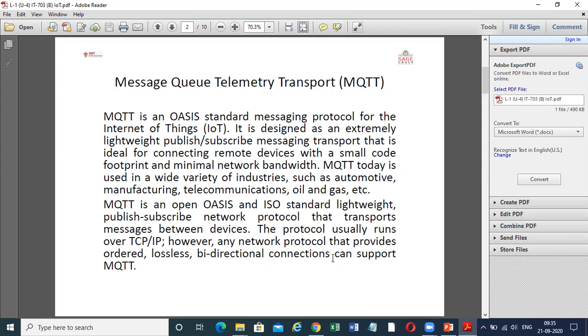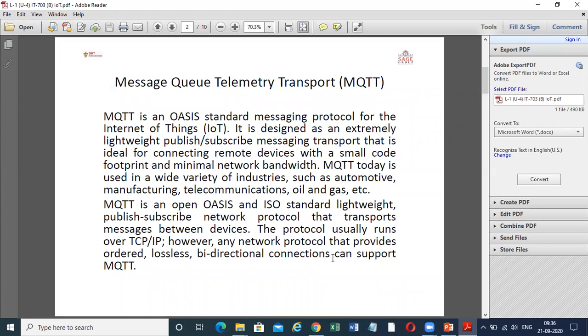It is a lightweight protocol, publish and subscribe, message transport, and mainly ideal for connecting remote devices with a small footprint and minimal network bandwidth.